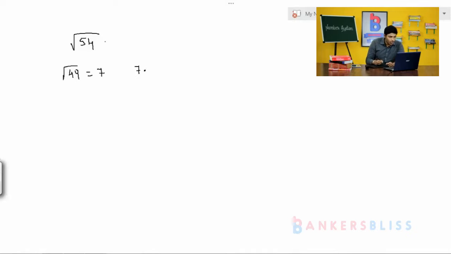What is the difference between 54 and 49? That is 5. 5 divided by 2 into 7. This integer part, that is 7, you always have to multiply by 2. So 2 into 7 is 14, and next 5 by 14 you have to calculate.